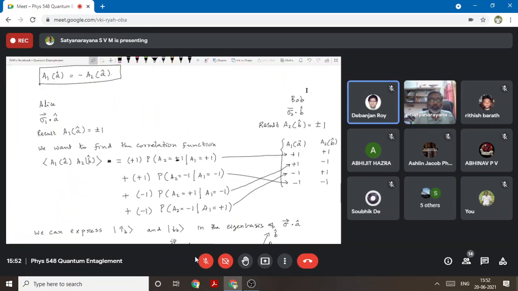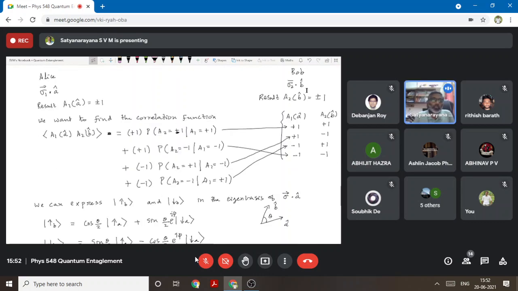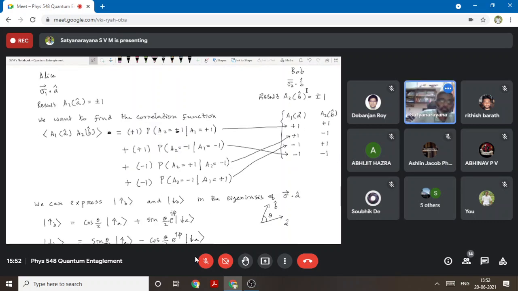Yeah. So here I wanted to make a small correction. See here, what I have to write is +1 into the probability that A1 is equal to 1 and A2 is equal to 1.